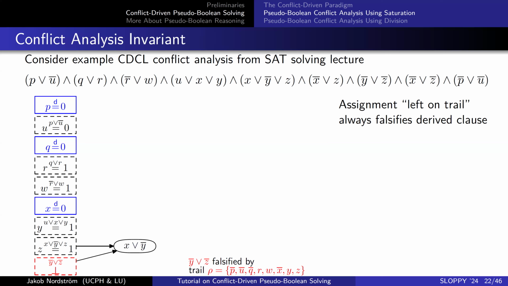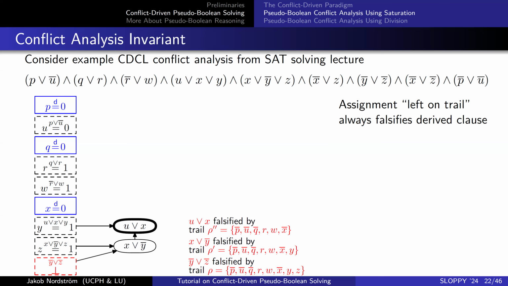Notice that first I started with this whole trail that violated the conflict clause. Then I removed Z, but then the trail violates this one, and then I removed Y, and the trail still violates this one.